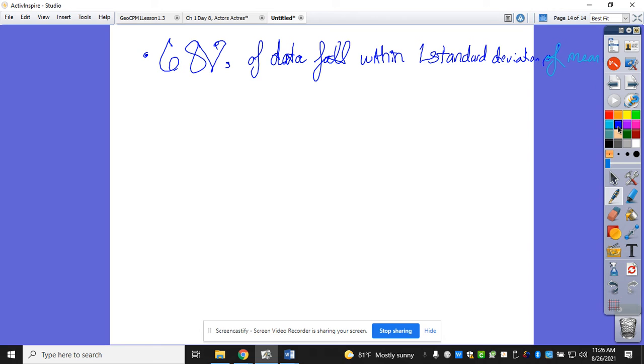And we can write out that whole sentence again, but then it skips to 95% are within 2. And then it even says this on the top of your sheet, I think. It just says 68, 95, 99.7 rule.